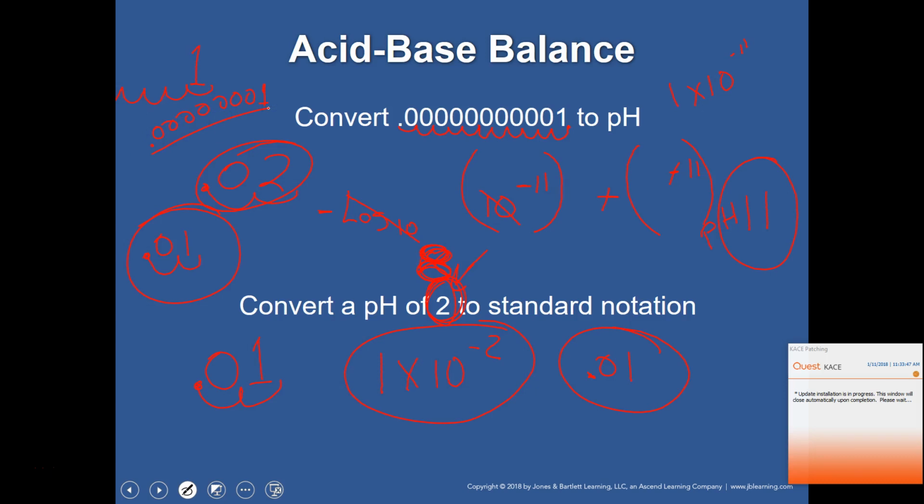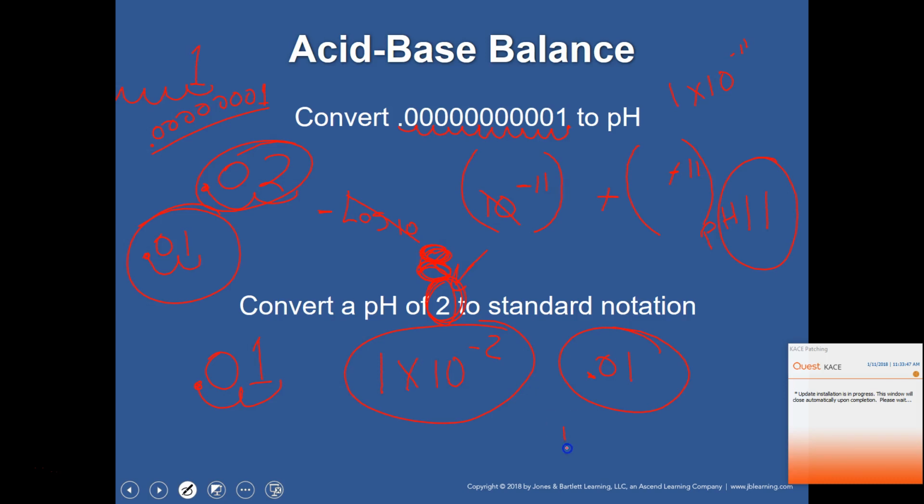Okay? All right. Anytime you have a 1 with less than 6 zeros in front of it, it's acidic. If it has more than 6 zeros in front of it, it's alkalinic. Why?